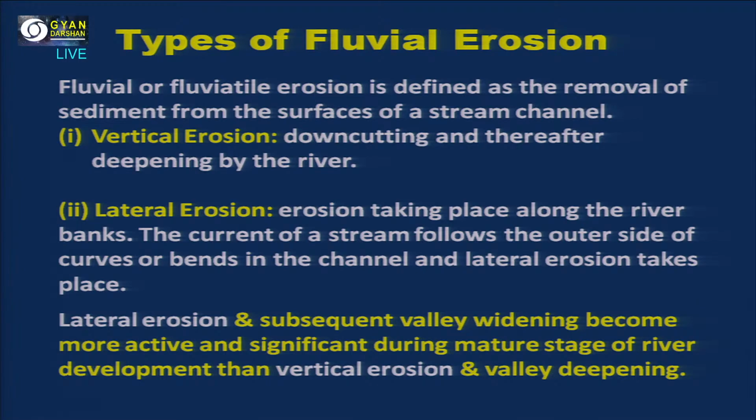Vertical erosion refers to the down cutting of the river valley and thereafter deepening of the valley by the river. Whereas in lateral erosion, the erosion takes place along the river banks. The current of the stream flows on the outer side of the curves or bends in the channel, and lateral erosion takes place there.